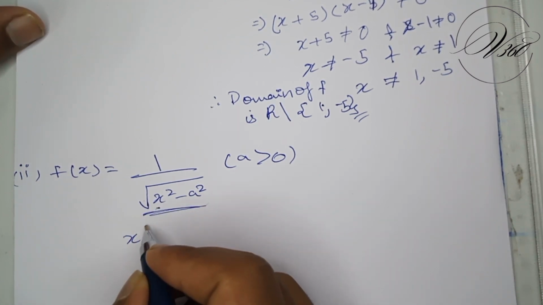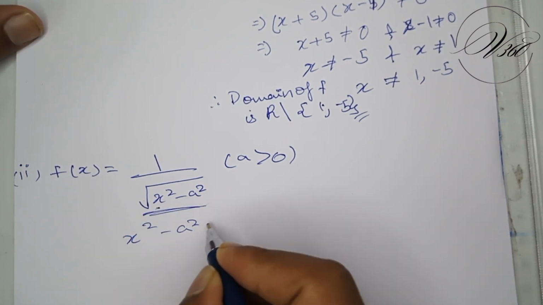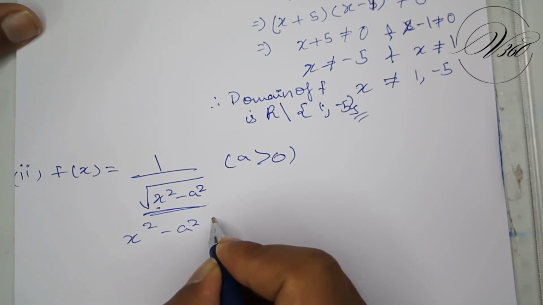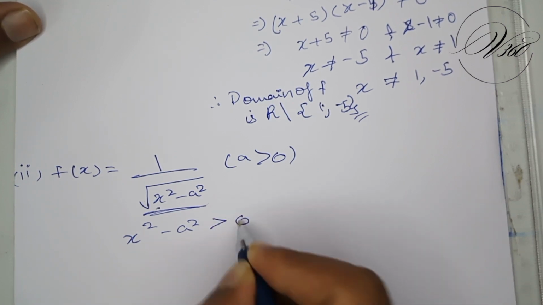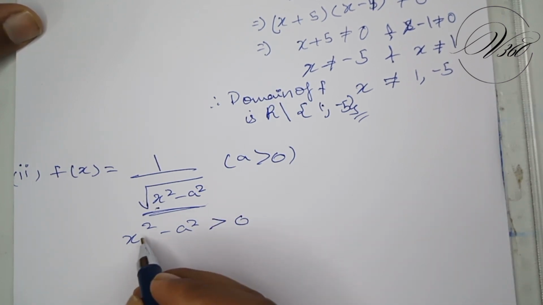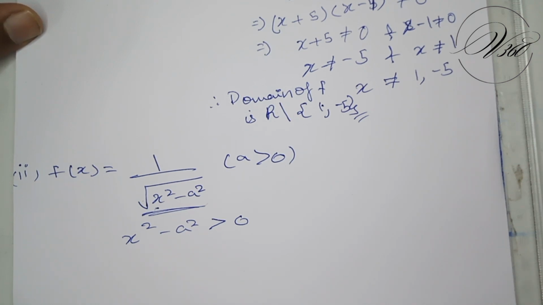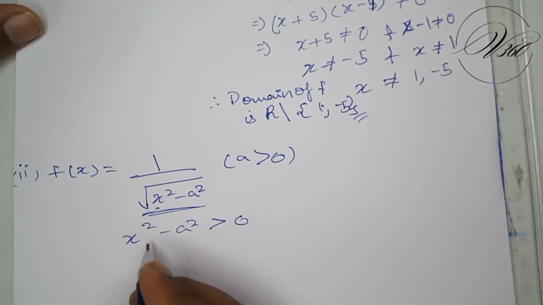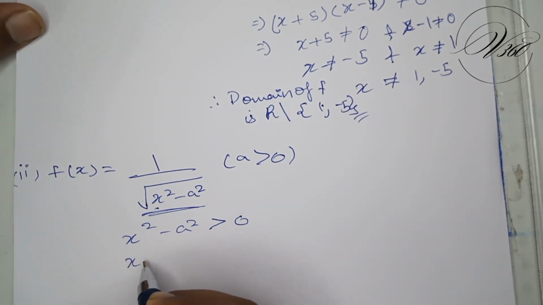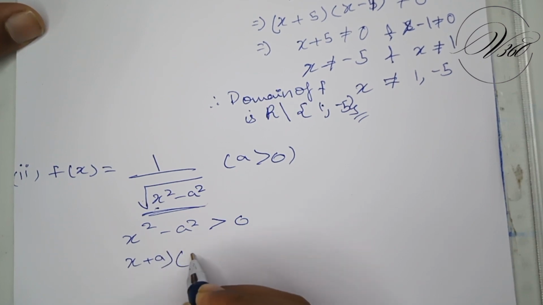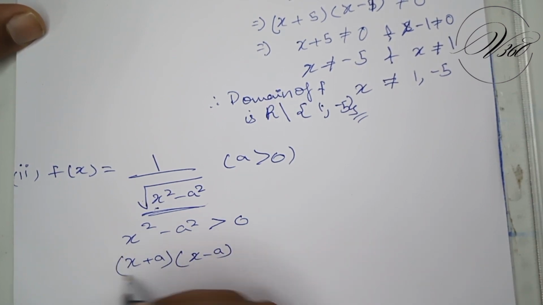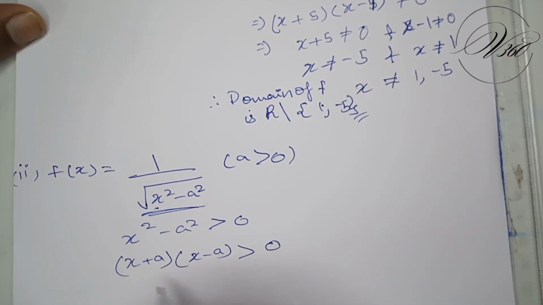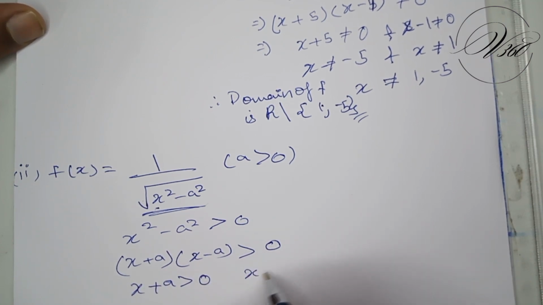We should not take root here. x square minus a square is greater than 0. Now this is a square minus b square format, so we can write it as x plus a of x minus a is greater than 0. Now x plus a is greater than 0 and x minus a is greater than 0.